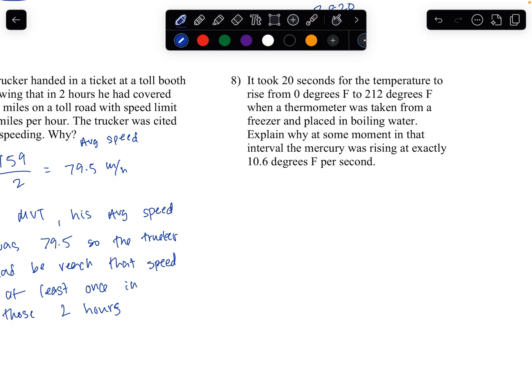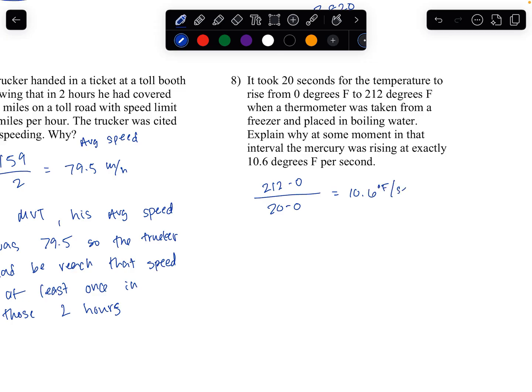So let's find the average change in temperature. We go from 212 minus 0 over 20 minus 0. So the change in temperature over the change in time is just 212 divided by 20, which is 10.6.